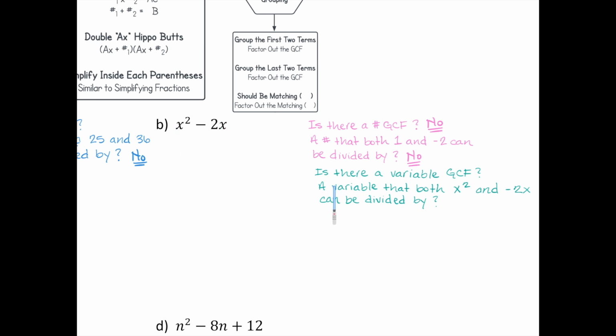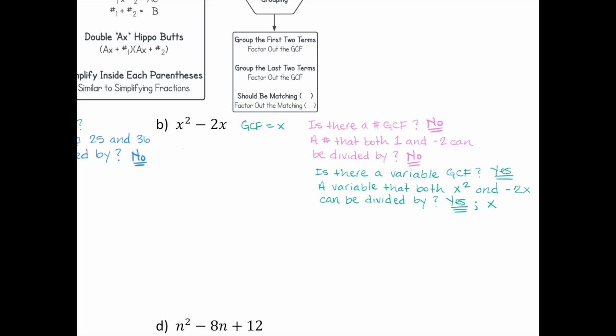Is there a variable that both the x squared and the negative 2x can be divided by? There is, yes. The letter that we can divide both x squared and negative 2x by is an x. So our GCF in this case is x.